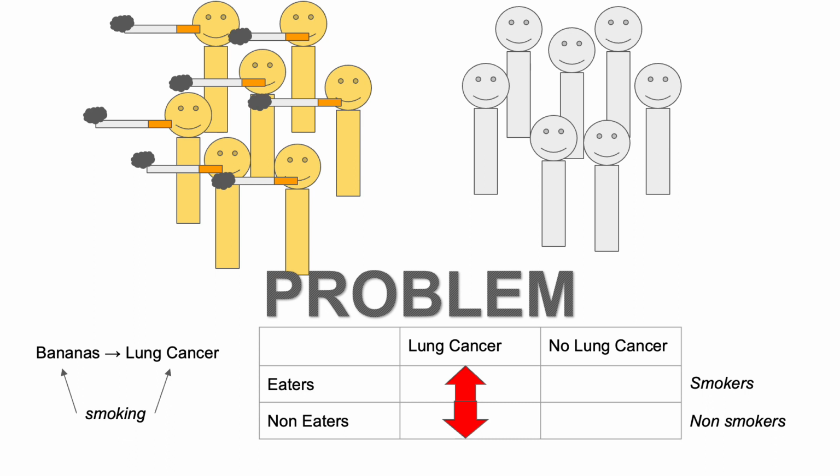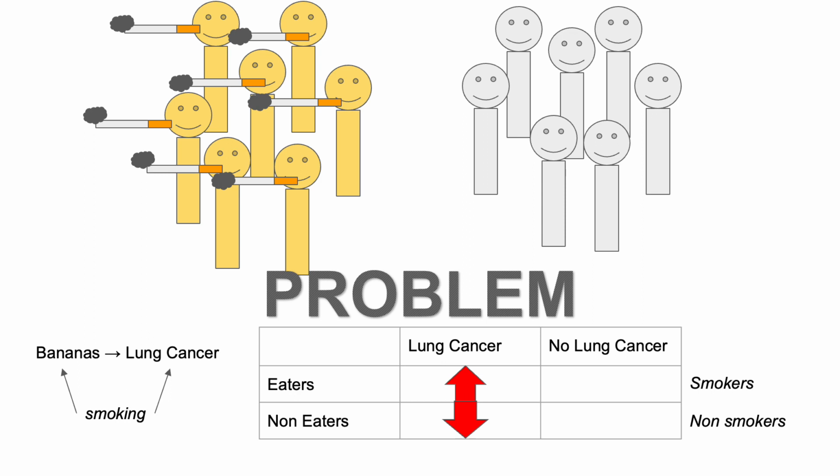What is really happening? In the banana eaters, there are more smokers, or all of them are smokers, and it should not come as a surprise that smoking causes lung cancer. So in the banana eaters, the rate of lung cancer will be higher, which is denoted by the upward red arrow.